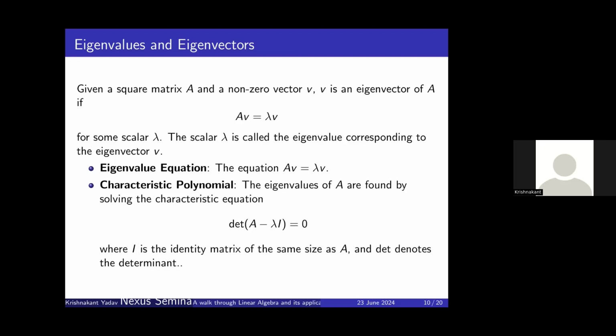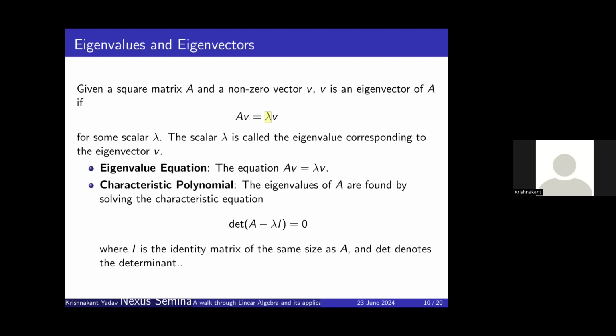If we consider a square matrix A and a non-zero vector V, we say that V is an eigenvector of A if this equation is satisfied: the product of A and V should equal lambda times V. Lambda is a scalar, and lambda is the eigenvalue corresponding to the eigenvector V. So here V is the eigenvector, and lambda is the corresponding eigenvalue.